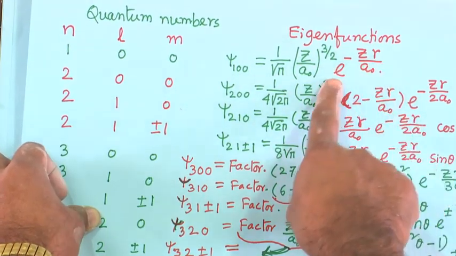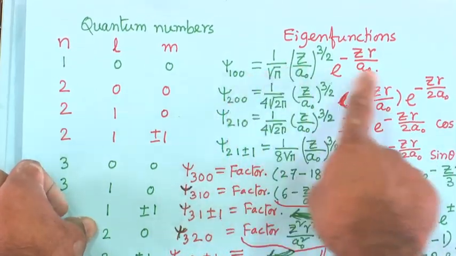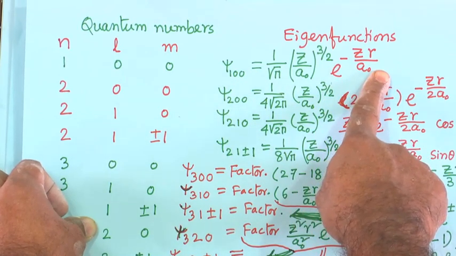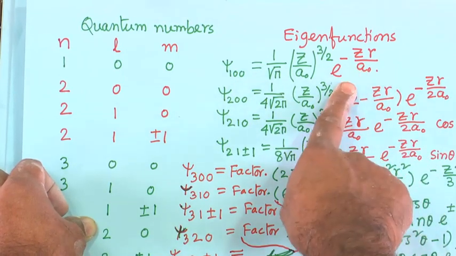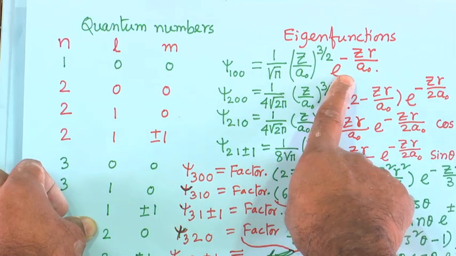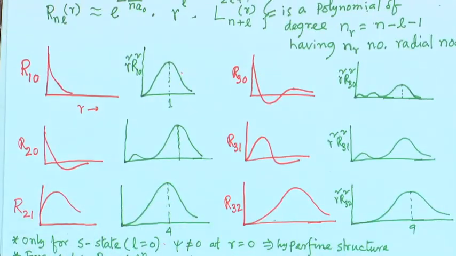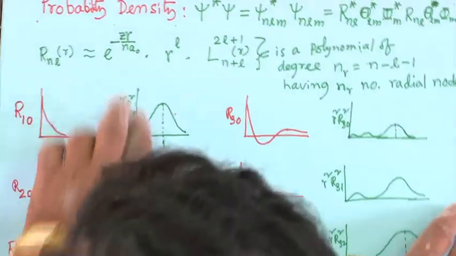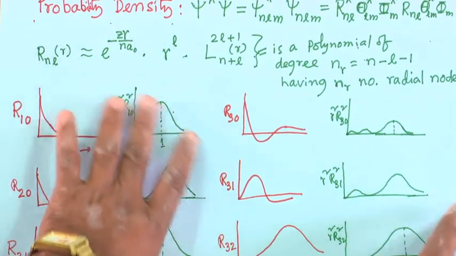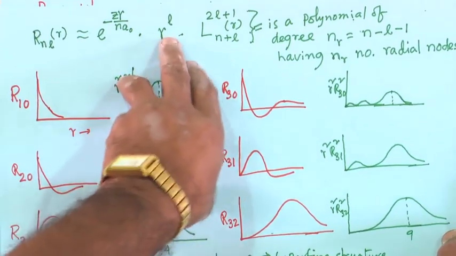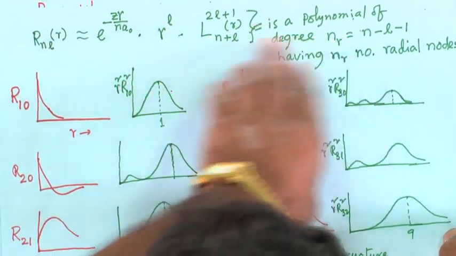For n equal to 1, it is basically exponential, it changes exponentially. If I plot it as a function of r, R_nl has an exponential part, then an r to the power l term, and the Legendre polynomial.